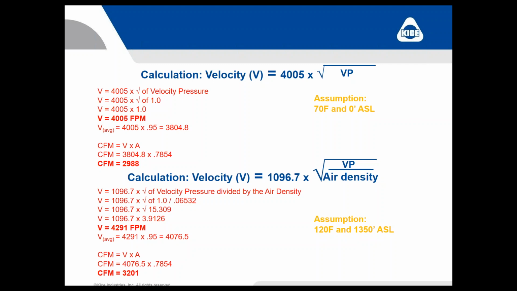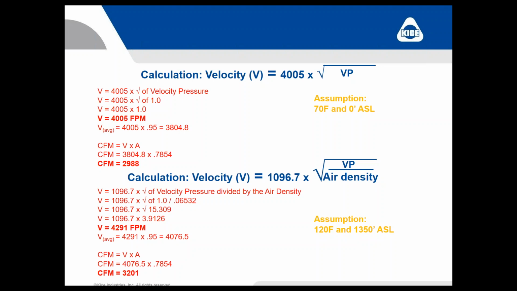Velocity, I'm going to the second line, velocity equals 1,096.7 times the square root of 1 divided by 0.06532, which is that number we got from the last slide. Velocity equals 1096.7 times the square root of 15.309. 1,096.7 times 3.9 gives me a velocity of 4291.